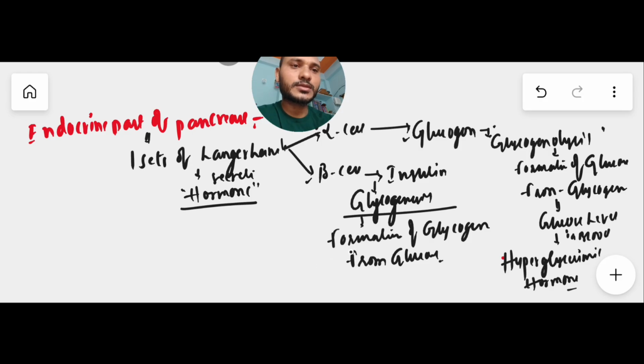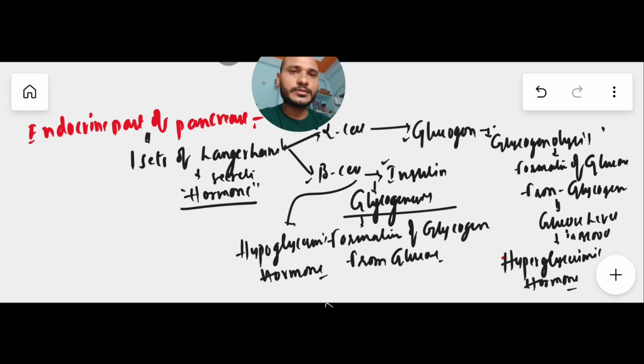Such a process is called glycogenesis, and this process is mediated or regulated by the hormone insulin, so that blood glucose level will be normal. Hence this insulin hormone is called a hypoglycemic hormone. Hypo means low. So this is all about the hormones of the endocrine part of pancreas.